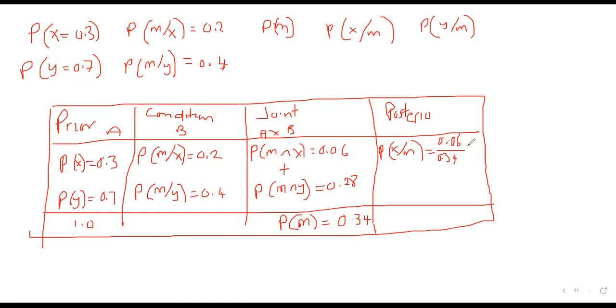What do we get? Then the next one, it will be probability of y over m. 0.28 over 0.34.